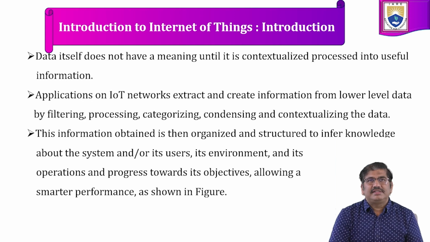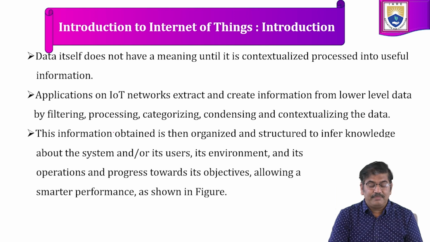The data itself does not have meaning until it is contextualized and processed into useful information. Applications on IoT networks extract and create information from lower level data by filtering, processing, categorizing, condensing, and contextualizing the data.